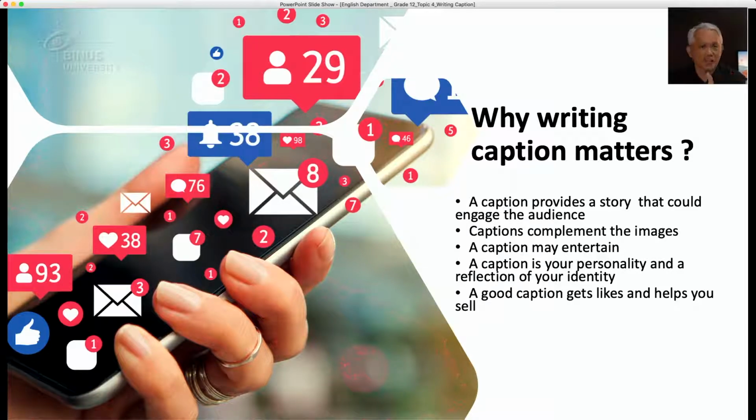Because it's funny, it can also entertain you, and for some people, it may represent their personality as well, like the case of the funny YouTuber or vlogger. In digital marketing, there have been studies that believe the more likes you get from your picture and captions, the better your marketing prospects are. So that's how important captions are in your social media.